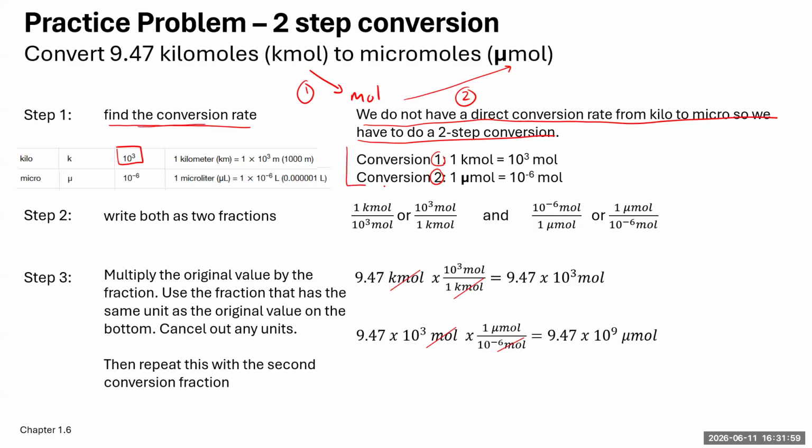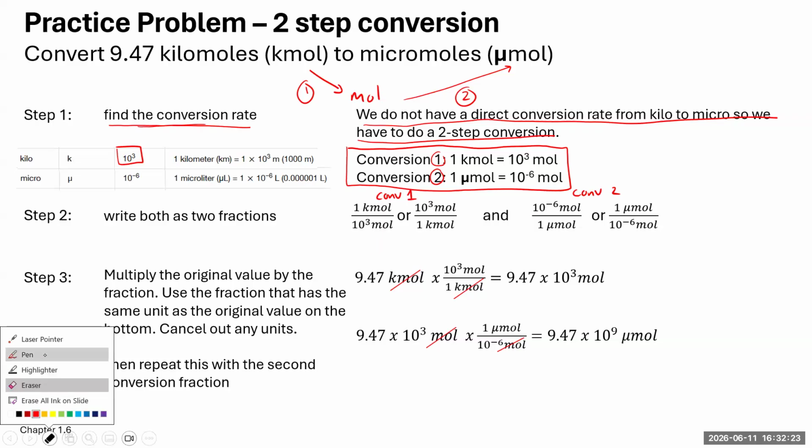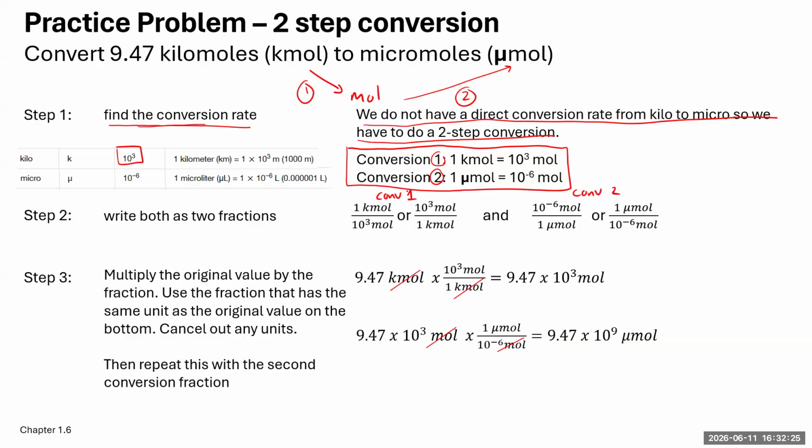We did conversion 1, conversion 2. Now we're going to break these apart into 2 sets of 2 fractions. This is for conversion 1, and this is for conversion 2.